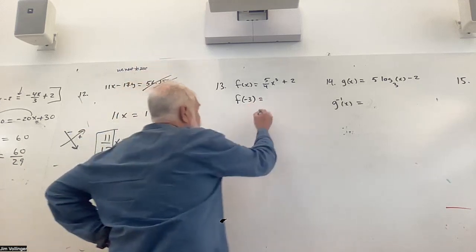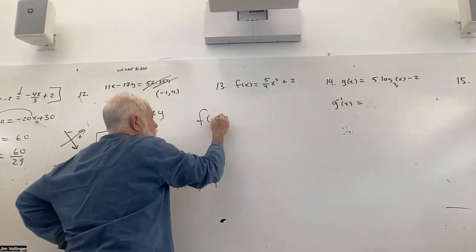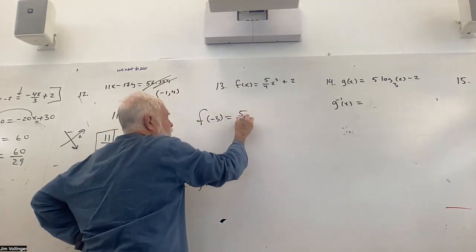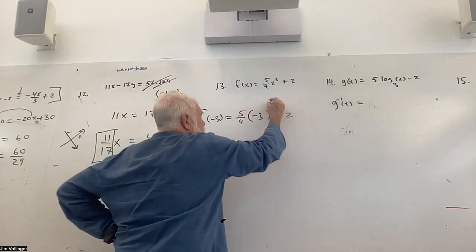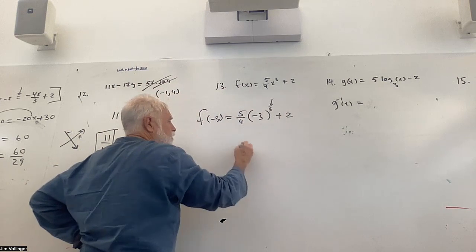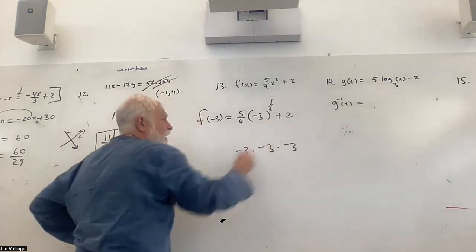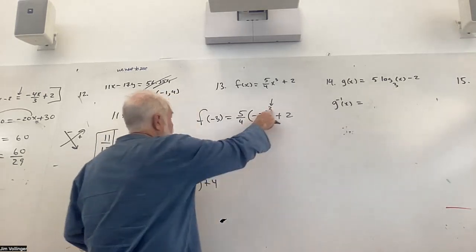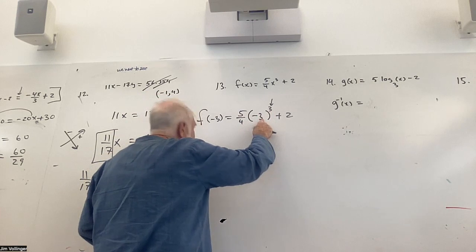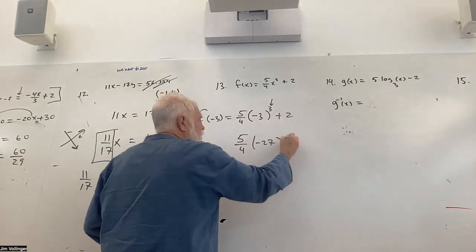So the first thing we're going to do is move this over because it's going to take more space. 5 fourths times negative 3 cubed plus 2. That's an odd exponent. So we're going to do negative 3 times negative 3 times negative 3. 3 negatives make a negative in multiplication. And it's not 3 times 3, it's not 9. So 5 fourths times negative 27 plus 2.